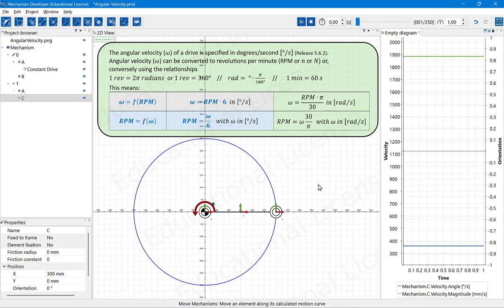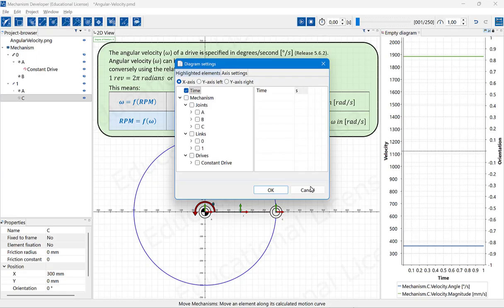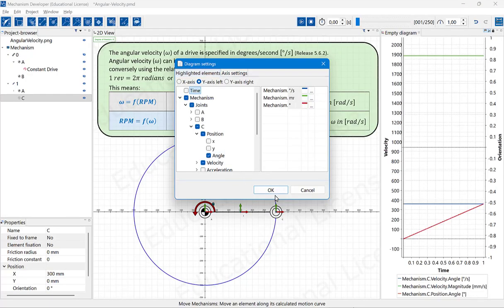And maybe I want to add in this graph also the angle of this position. So I go to properties, and I make it also a left side axis, and I add here the position of C, the angle of this.